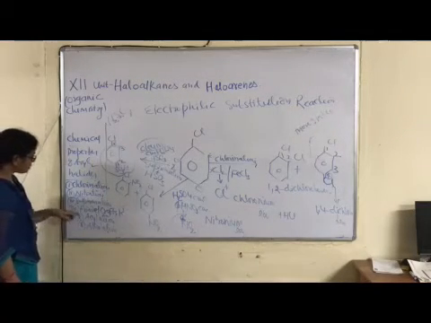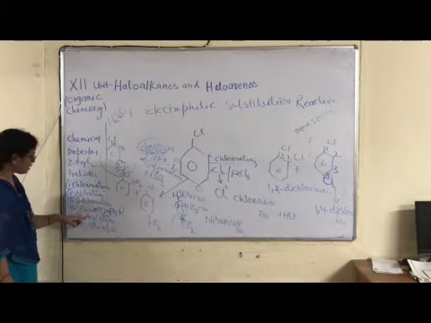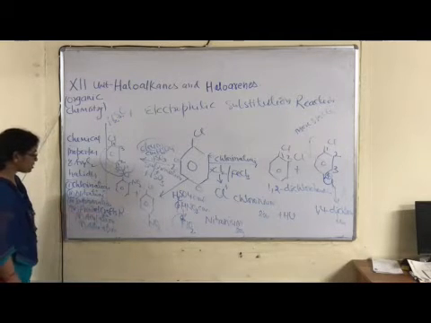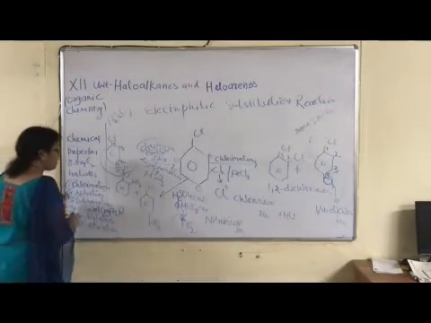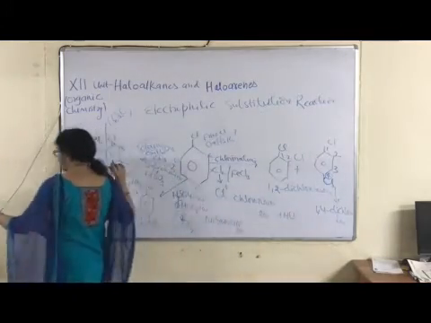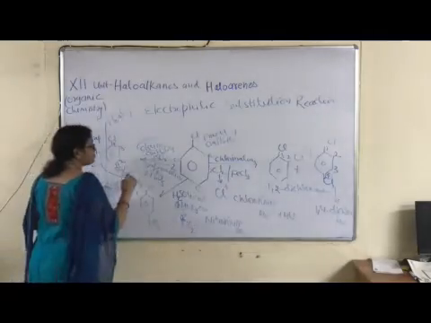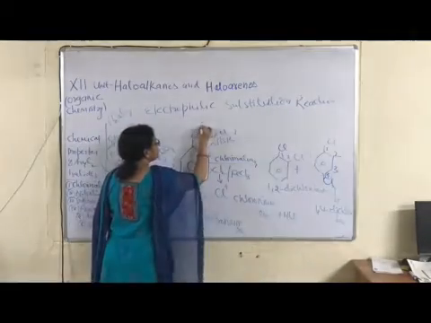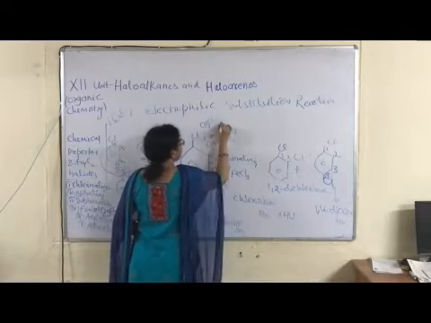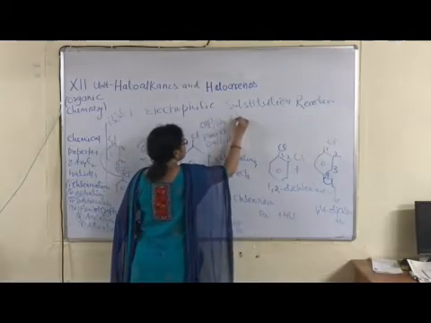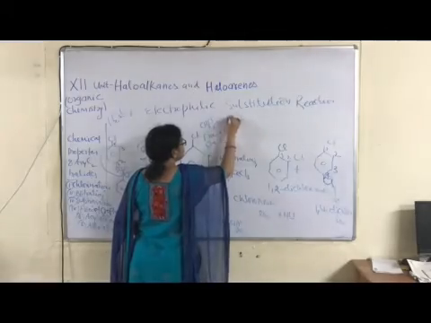Okay children. Next is Friedel-Crafts. This is a name reaction, the Friedel-Crafts reaction, which means alkylation and acylation. If an aliphatic halide like CH3Cl is added, and the catalyst is anhydrous AlCl3, without water.